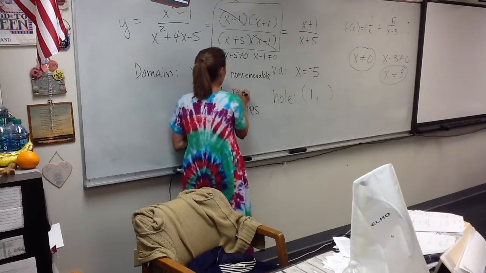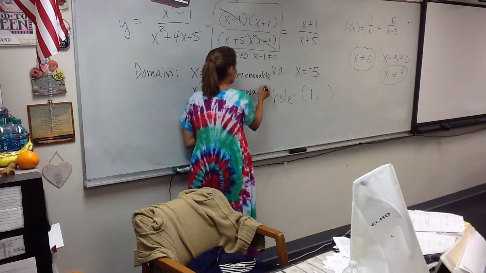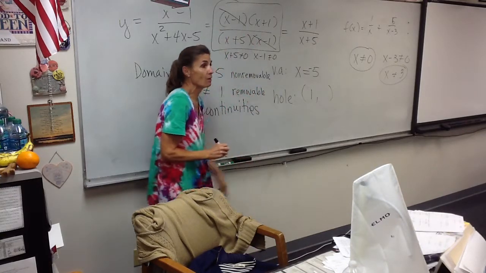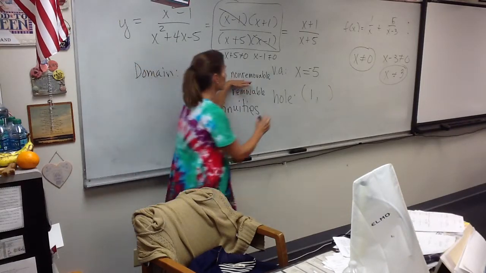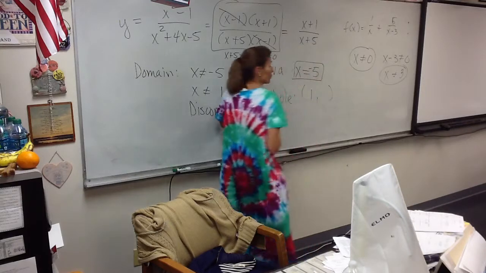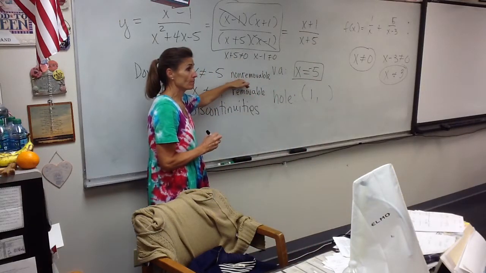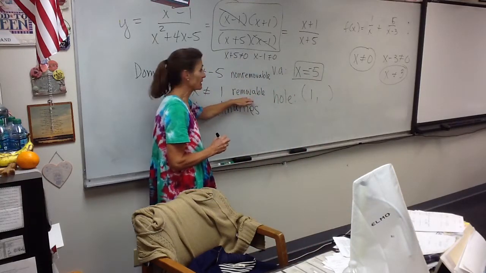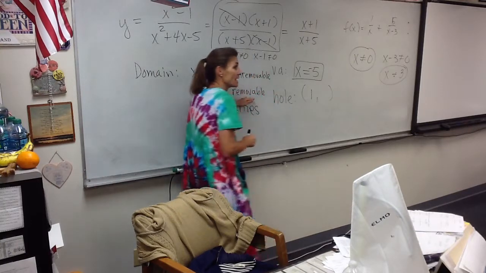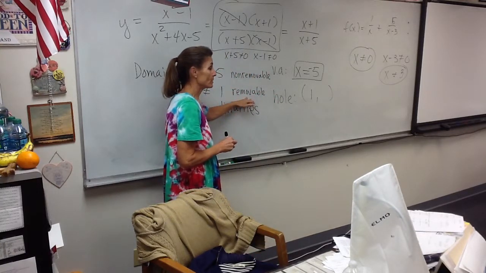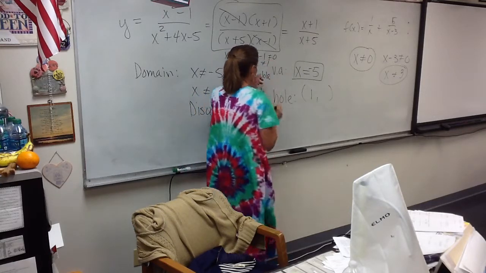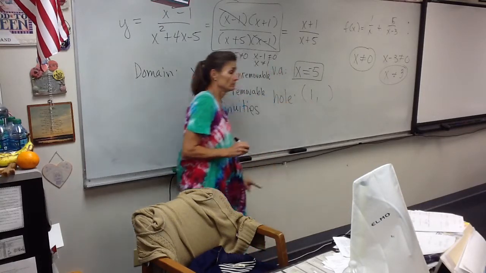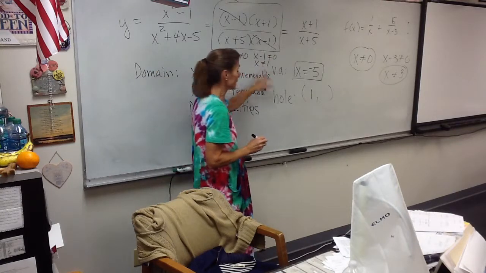This one is called removable because I could cancel it out. If you can't cancel it out, it's going to show up as a vertical asymptote. If you can cancel it out, it's going to show up as a hole. So when x equals 1, I'm going to have a hole because that's the one that canceled out.